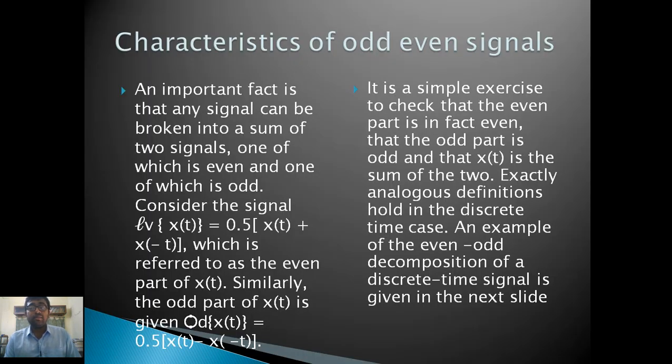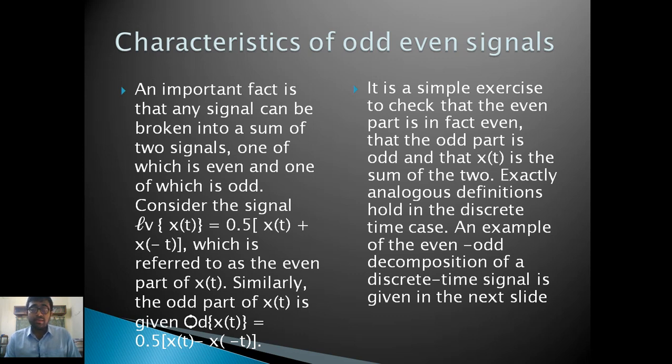The characteristics of even and odd signals. An important fact is that any signal can be broken into a sum of two signals, one of which is even and one of which is odd.